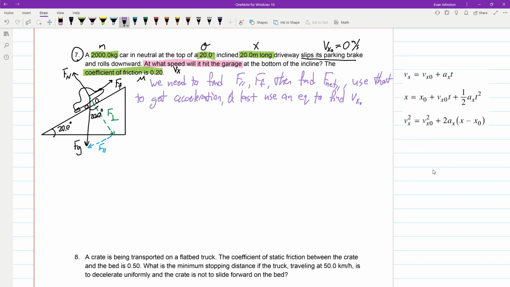So that's the general steps, but now we got to go through and muck through the math to do it, okay?